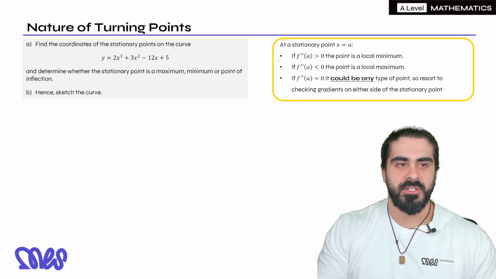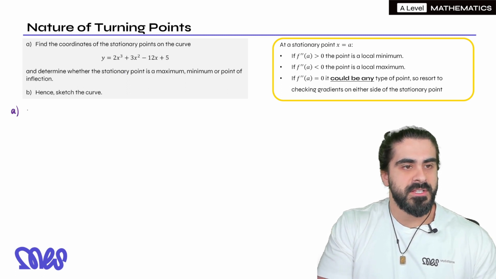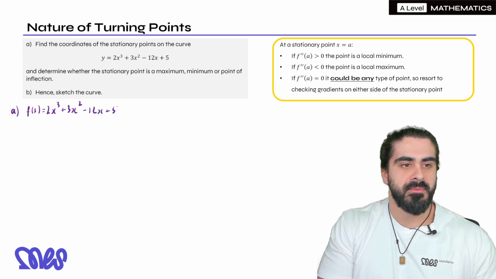Now let's just practice the first 2 bullet points with this question. It says find the coordinates of the stationary points on this curve and determine whether the stationary points are max, minimum, or inflection. So the first thing we're going to do is we take our function. It's a cubic here. We're going to have to differentiate first to locate the stationary points. So f dash x.